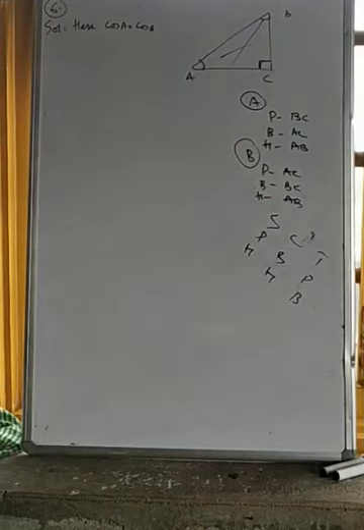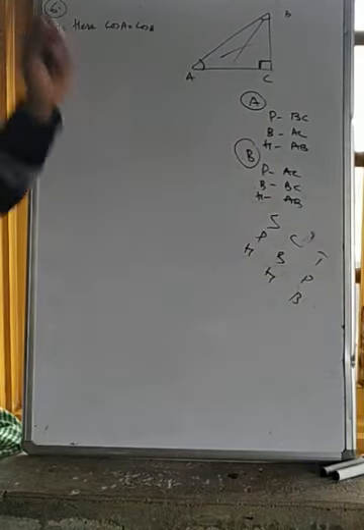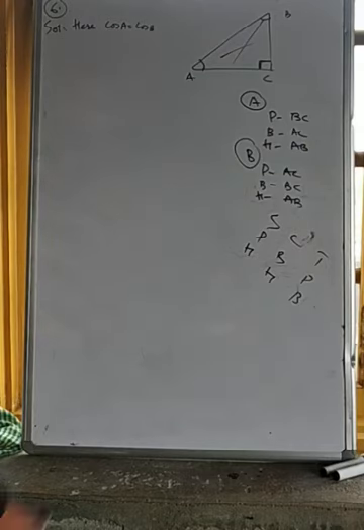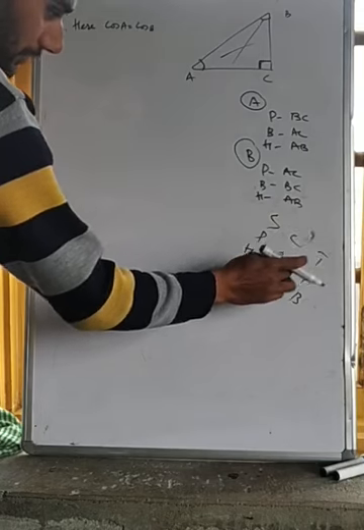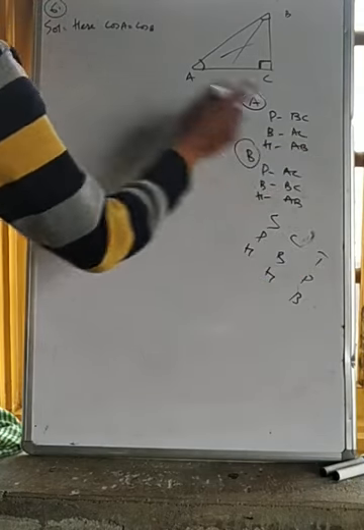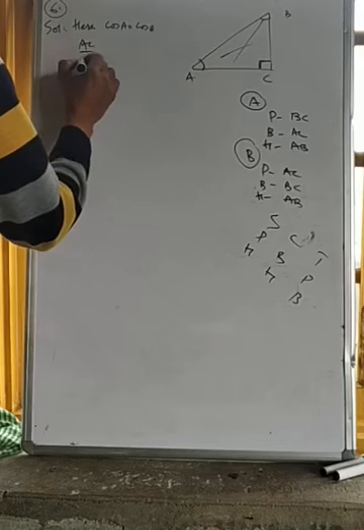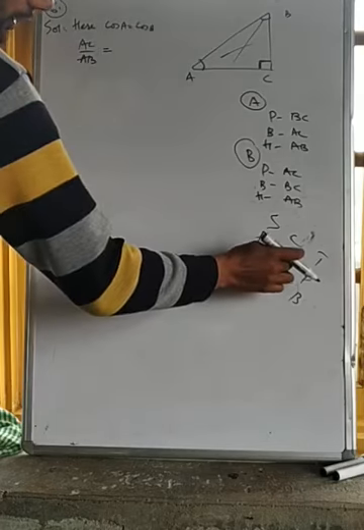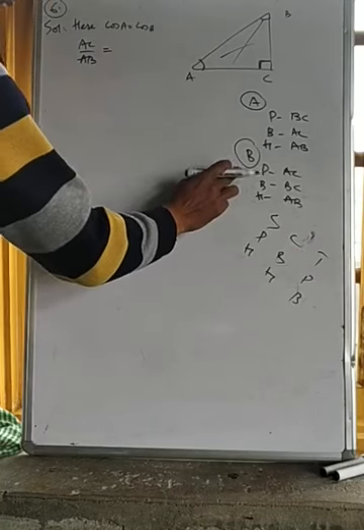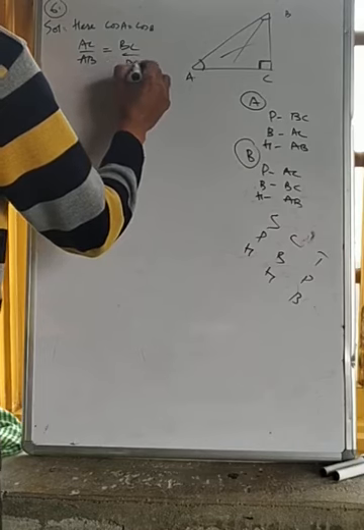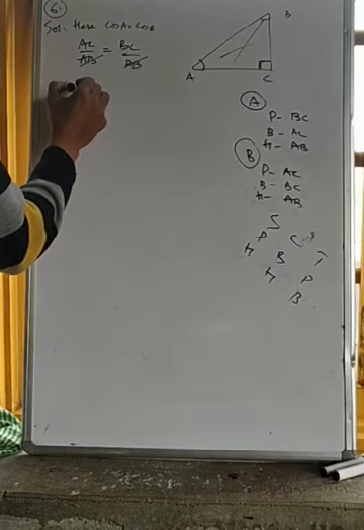In this question we are given cos A is equal to cos B. Cos is equal to base divided by hypotenuse. For angle A, base divided by hypotenuse is equal to AC divided by AB. Cos B is also equal to base divided by hypotenuse, but for angle B we have BC divided by AB. AB will get cancelled out.